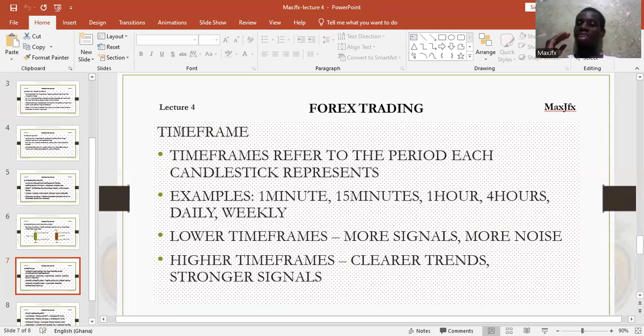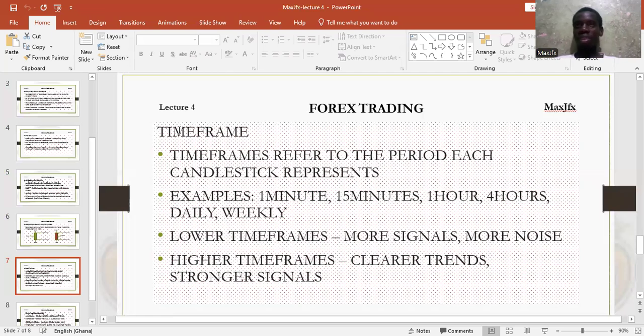So there's more signal and also more noise. The higher time frames have clearer trends and stronger signals.